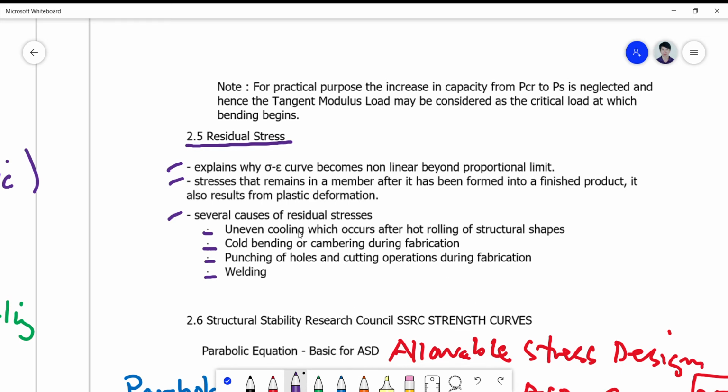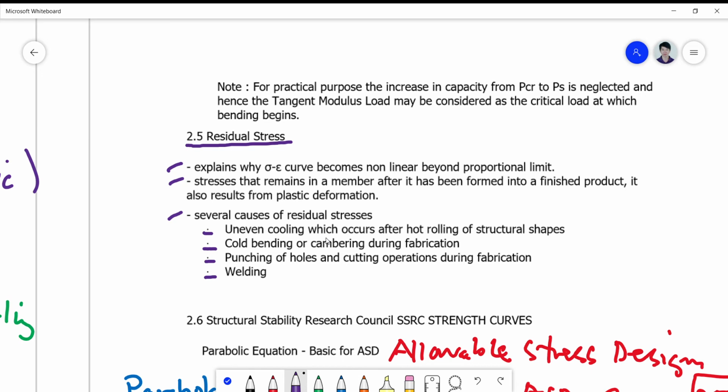It has something to do with temperature introduced in the member. It has something to do with the pressure introduced also in the member, and it has something to do with the initial stresses brought about by punching, cutting, welding, etc.